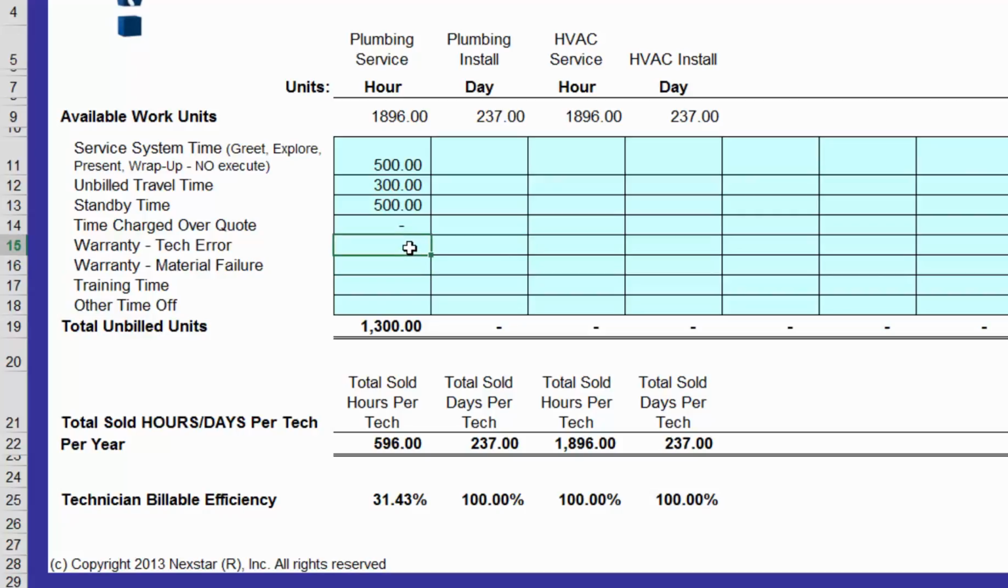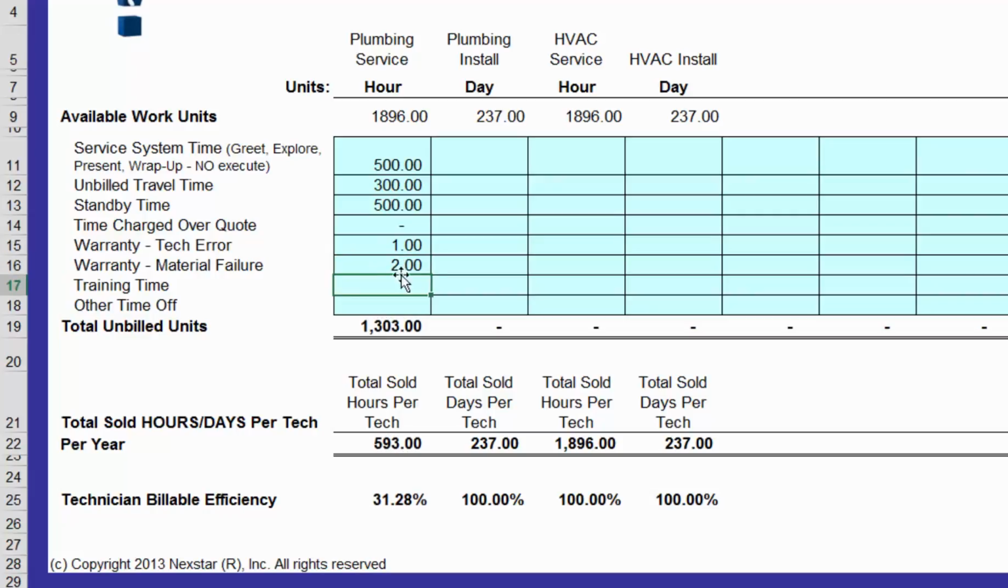Well, let's just say it happened to you one time. Okay, I'll put a 1 in there, and maybe it's 2 times because it was the manufacturer's more than it is us. So I put a 1 hour there. You can see that this is just changing the percentages fractionally, so it really didn't change that 31.28. However, if it was 20 hours, it would change it a little bit more, right?